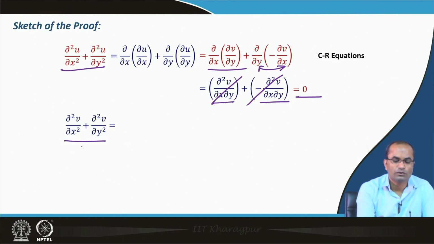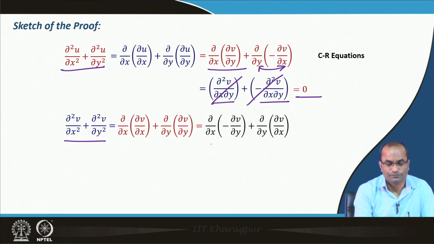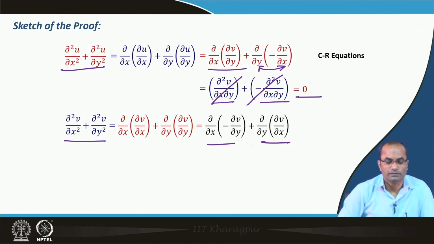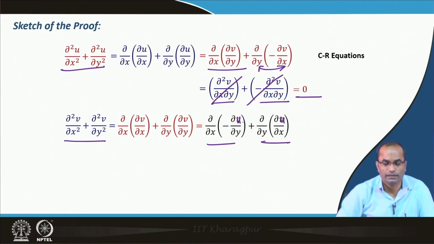Concerning v also we will apply the CR equations, and then we will conclude that these equations are satisfied, and v also satisfies the Laplace equation. So, here we have del v over del x, del u over del y, and here we have del v over del y, del u over del x, that is the CR equations.